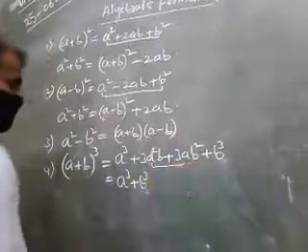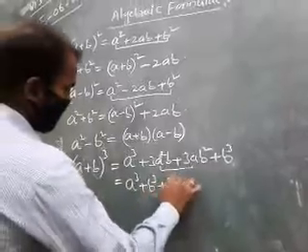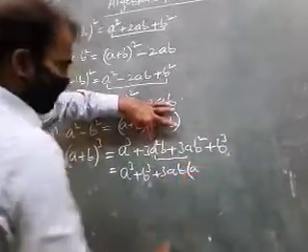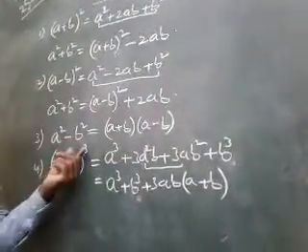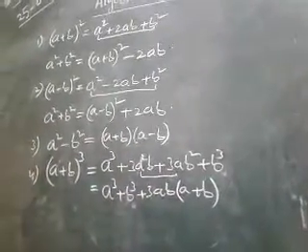Next, from these two terms we have 3ab common, bring 3ab common. A cube plus b cube plus 3ab into, by taking 3ab common we get here a remains and here b remains, a plus b. That means (a plus b) whole cube equal to a cube plus b cube plus 3ab into (a plus b).